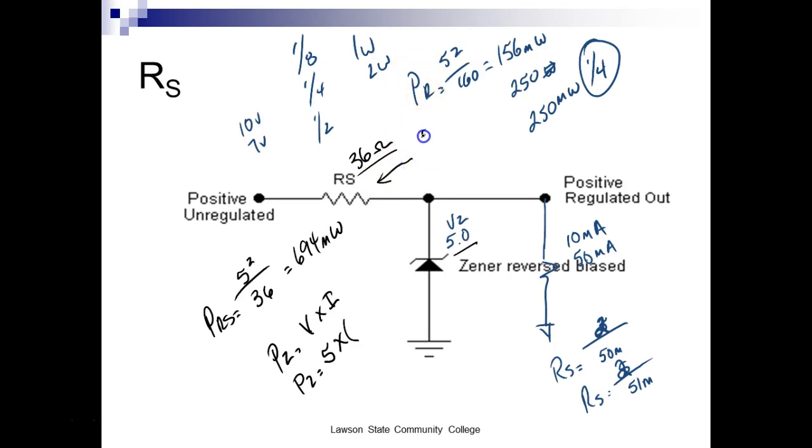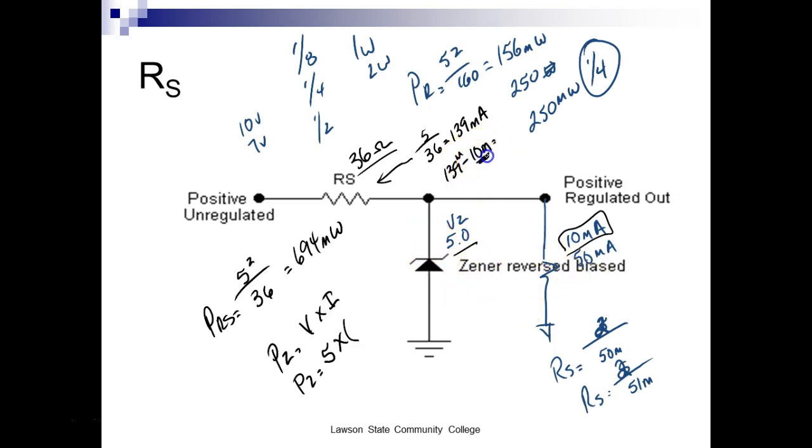So I'm going to take 5 volts and divide it by 36, right? What does that give me? Milliamps. Okay. And then I'm going to say 139 minus 10, because the Zener current is the difference between this current and this current, right?